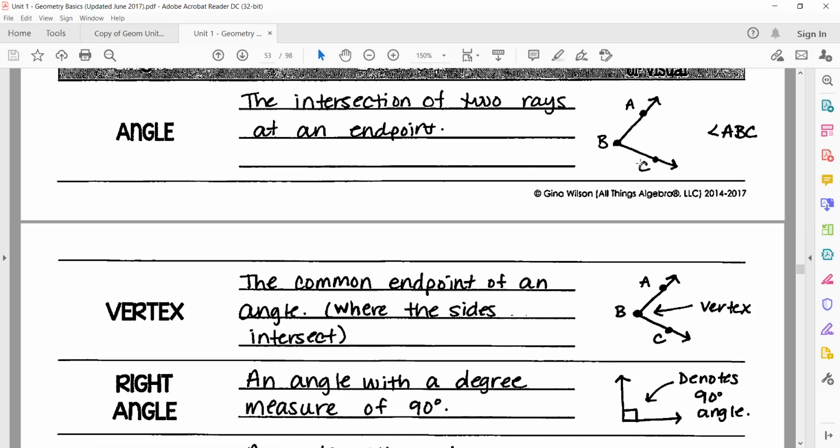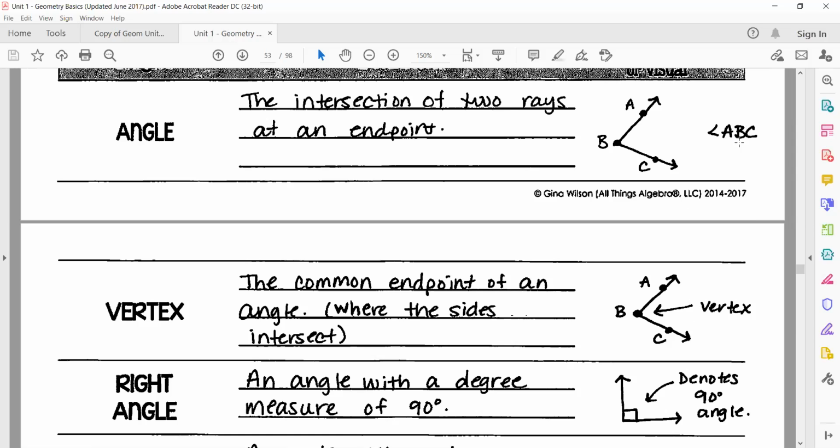So I could say that this is angle CBA or angle ABC. It's the same angle, just described a little bit differently, but the B is still in the middle. The middle letter of every angle description is going to be the vertex. Really, really important, because we can't say CAB. That's something different.